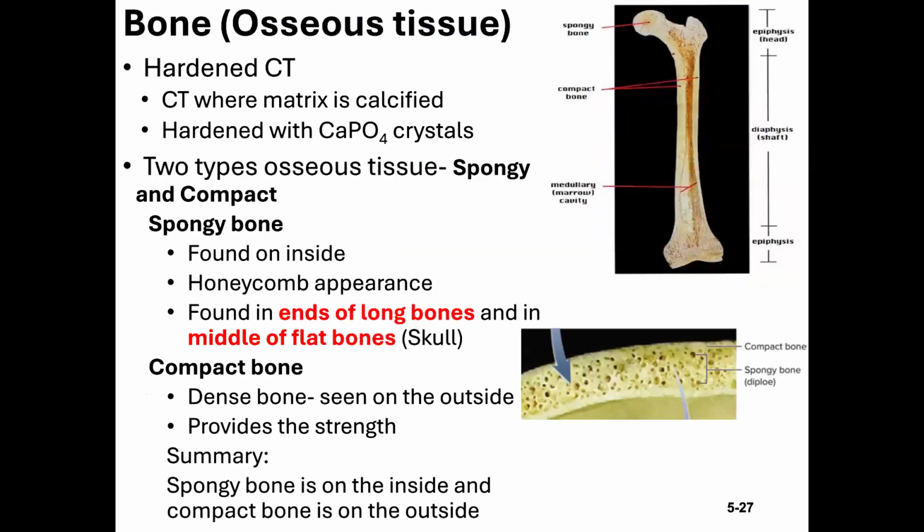Bone. What is bone? It's hardened connective tissue. Again, it is connective tissue. It fits with the description: cells in a matrix. That's what bone is. The only thing is that the matrix is hard. Why is it hard? Because it's calcified.